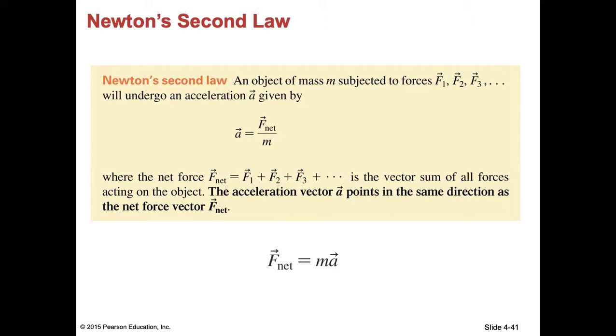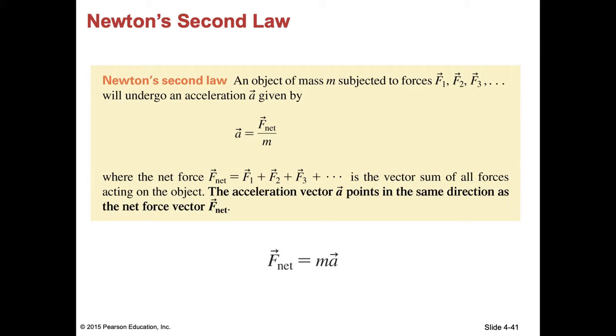This is stated here in the second slide: if I have an object that is subjected to forces F1 through Fn, then the amount of acceleration the object is going to experience is directly proportional to the sum of the forces F1 through Fn.